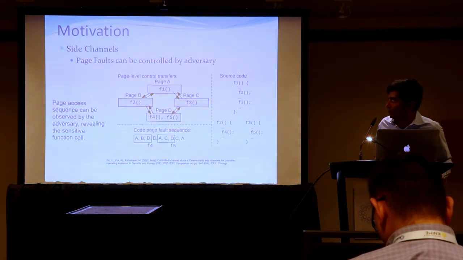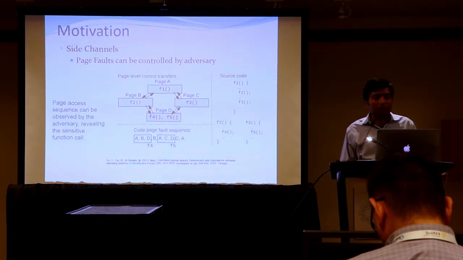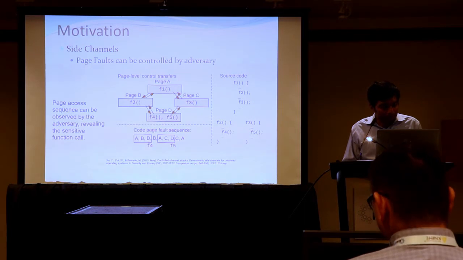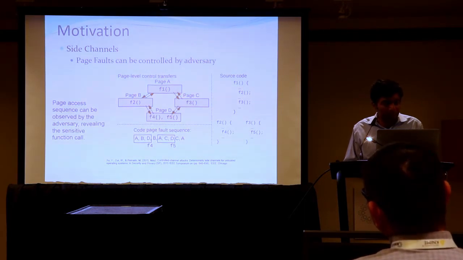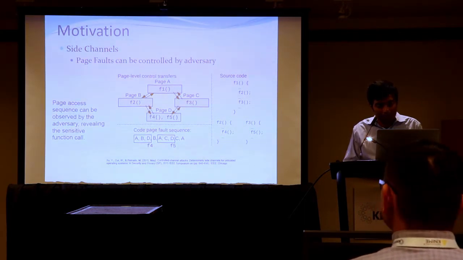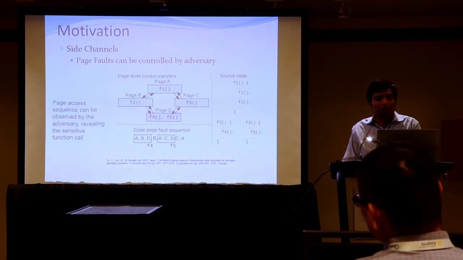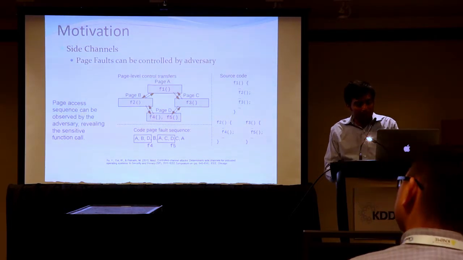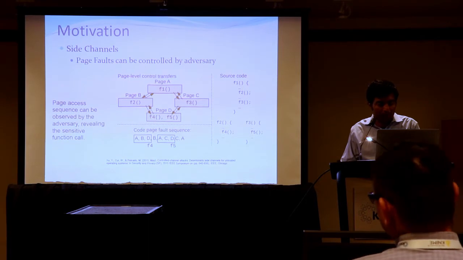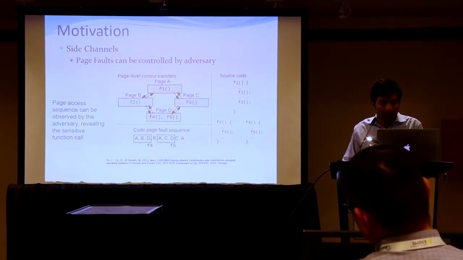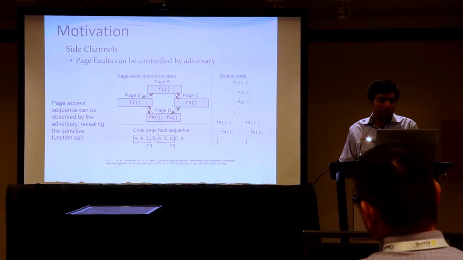The page access sequence can be observed by the adversary, and from there, given this source code, the attacker can identify that function f4 is called first, then f5 is called next. That type of information gathering is called a side channel attack, and using that, the attacker can do a lot of things. This way the attacker can carry out some inference attack and infer a lot of things, and usually in this case the adversary will be very sophisticated.